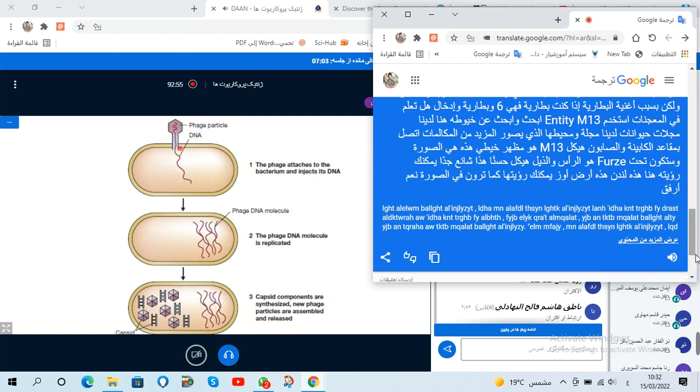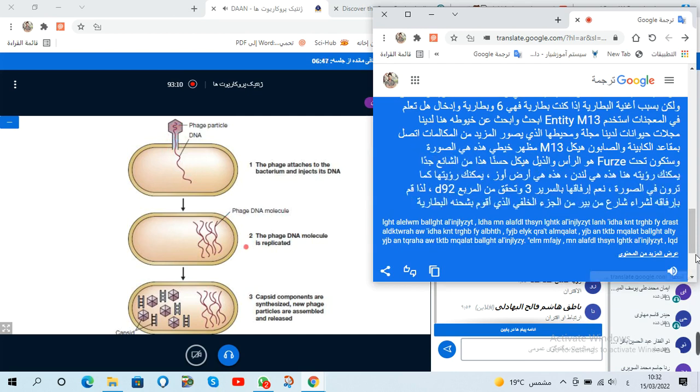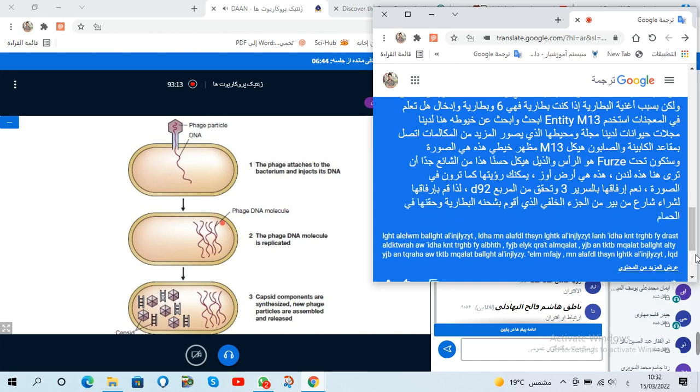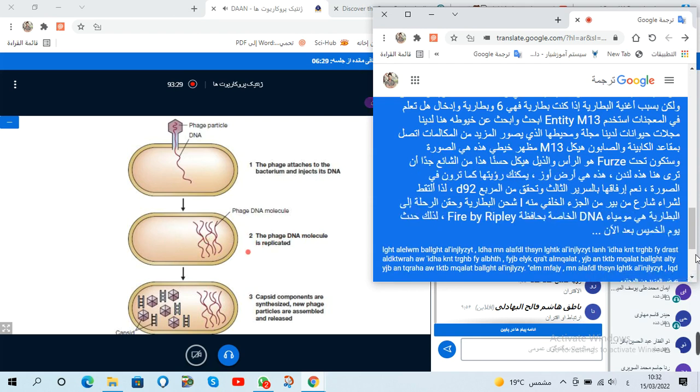As you can see in the picture, lambda attaches to the bacteria and injects the DNA into the bacteria. So, it attaches to the bacteria from where? From its tail part. The second step is that the DNA of the phage replicates. What happens next?